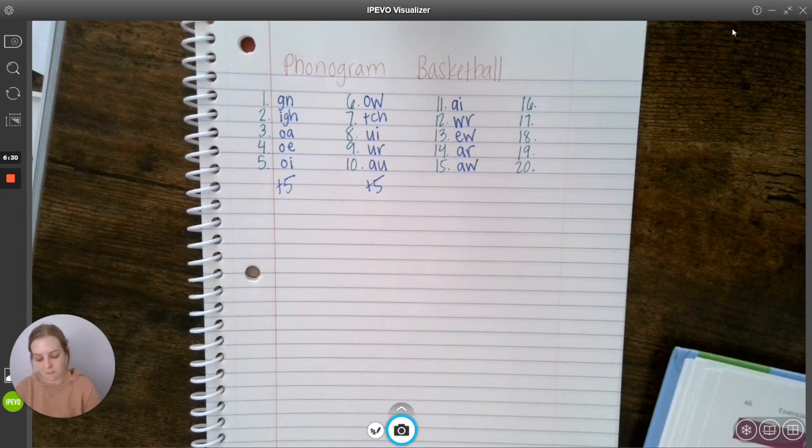A, that may be used at the end of English words. Number 18, ch, k, sh. Number 19, e, a.